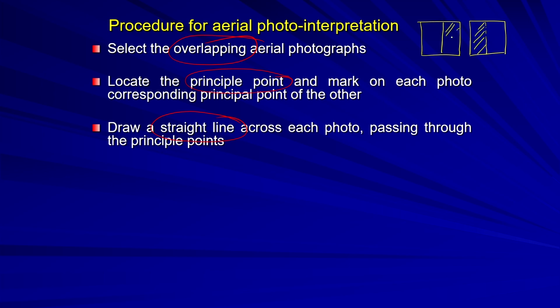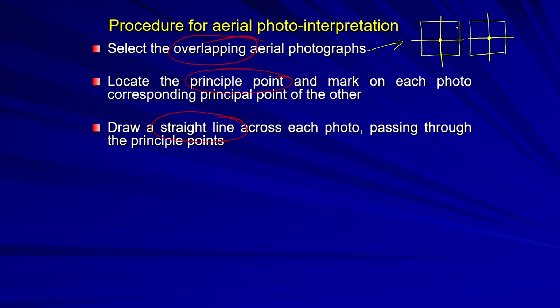This is one very important point. We also talked in the previous lecture about the fiducial marks and fiducial axes. If you draw the fiducial axes y and x here, you get a point here. This is your principal point.